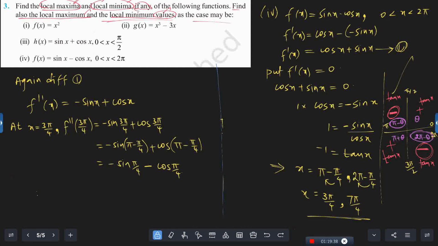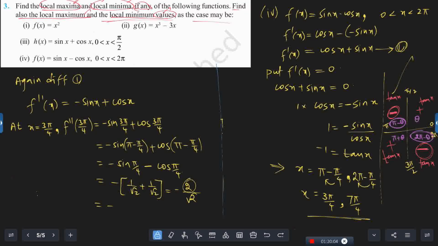No change here, sine will come as sine. Okay, be careful. Now minus, let it be outside, sin pi by 4 is 1 by root 2, cos pi by 4 is 1 by root 2. When you simplify this, what you will be getting? Minus, denominator, 1 plus 1 is 2. When you simplify this, what you will be getting?